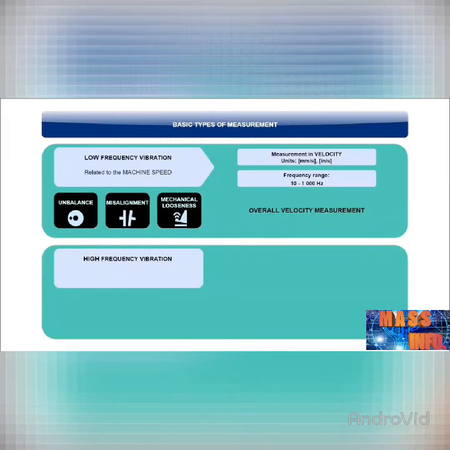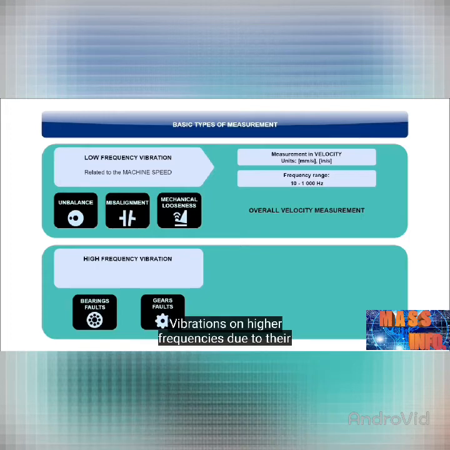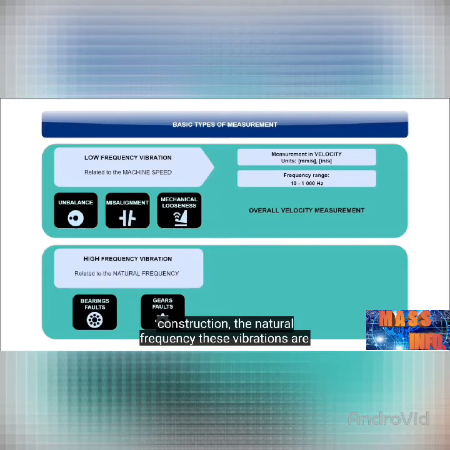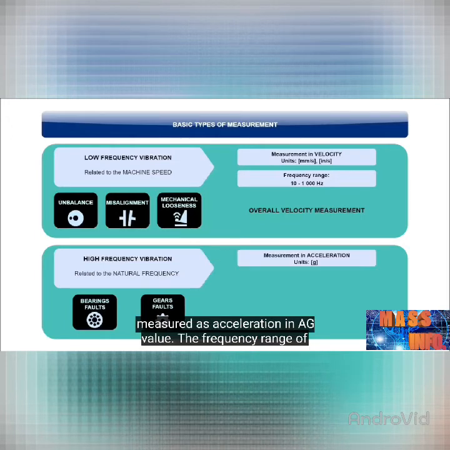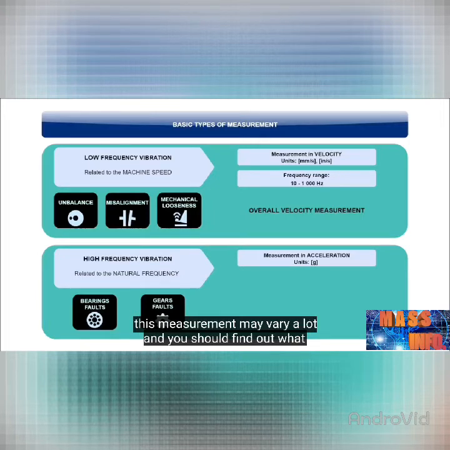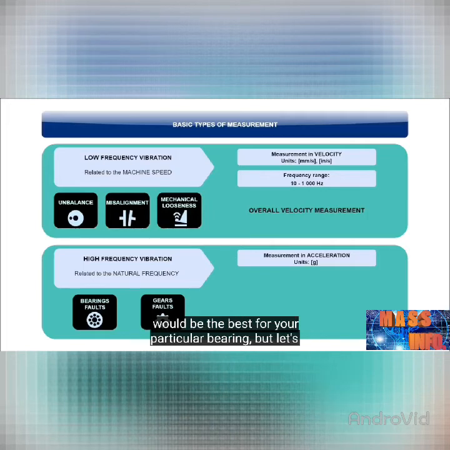A specific part of the machine which we want to monitor is a bearing. Bearings, as well as gears, generate vibrations on higher frequencies due to their construction, their natural frequency. These vibrations are measured as acceleration in a G value. The frequency range of this measurement may vary a lot, and you should find out what would be the best for your particular bearing.